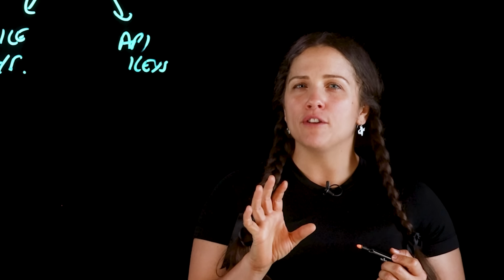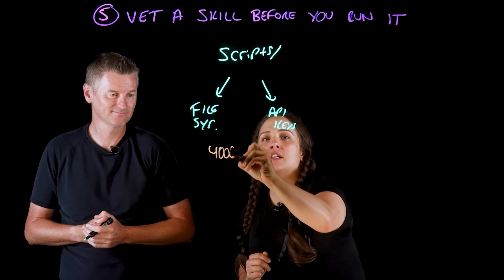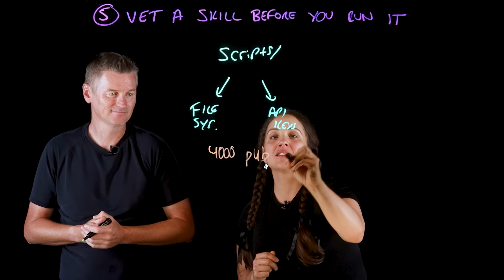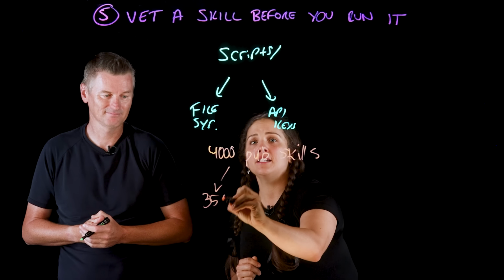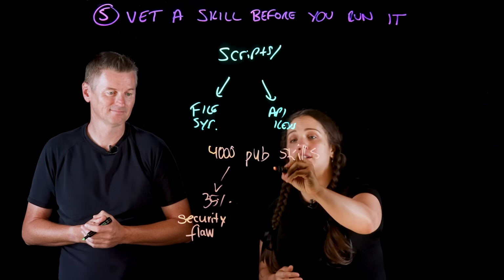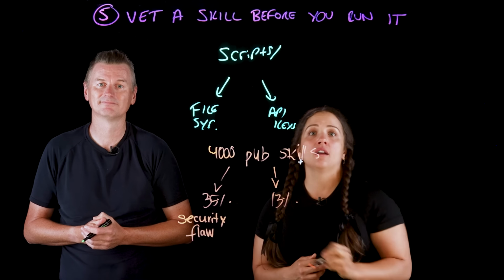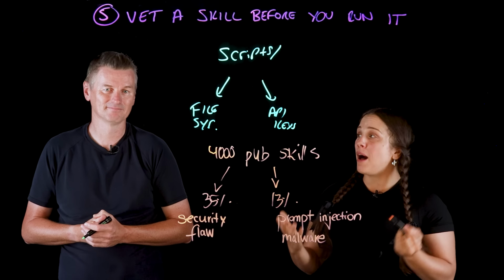But I saw an audit from earlier this year that scanned almost 4,000 public skills, and over 35% of them had a security flaw of some kind, and 13% had something critical going on, like a prompt injection or straight up malware.